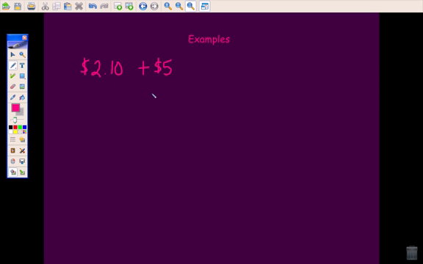When I'm adding, I need to line up the decimal, but I don't see any decimals here. All whole numbers have imaginary decimals at the end, because another way to write $5 is $5, correct? So always think of all whole numbers having an imaginary decimal.